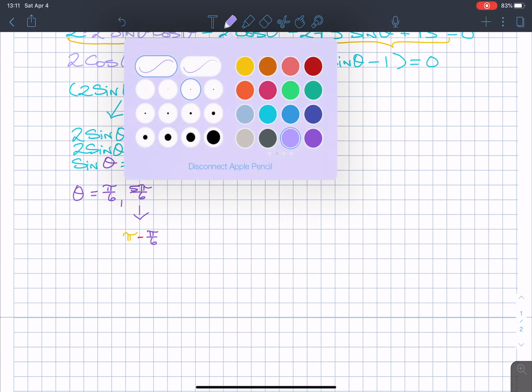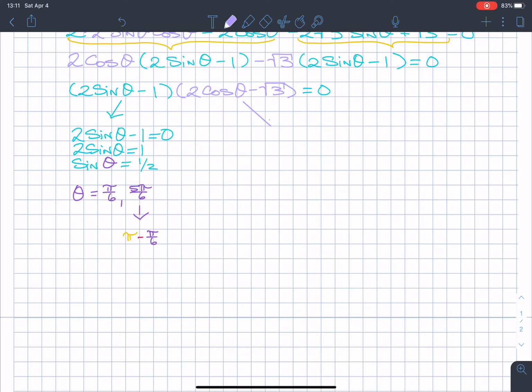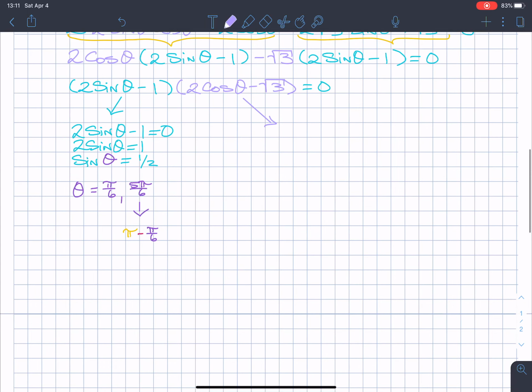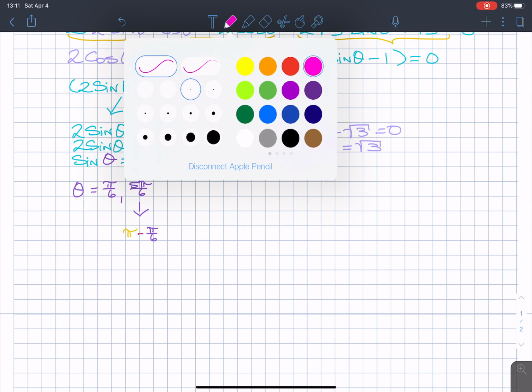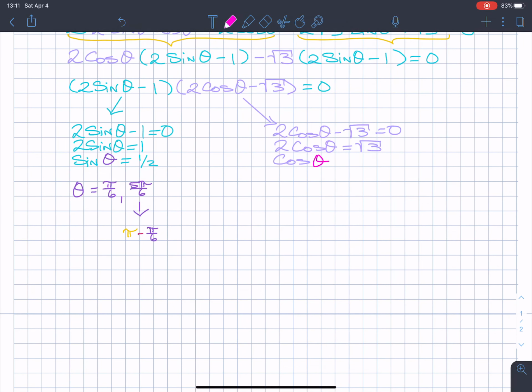Okay, so now let's look at the second factor. So I have that 2 cosine theta minus root 3 equals 0. Gives me 2 cosine theta equal to root 3. Dividing both sides by 2 gives me cosine theta is root 3 over 2.